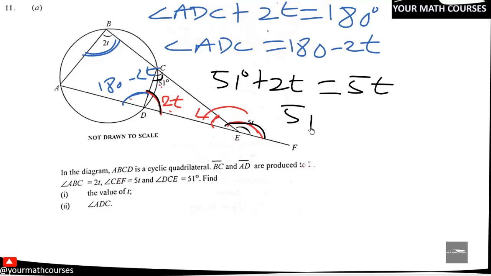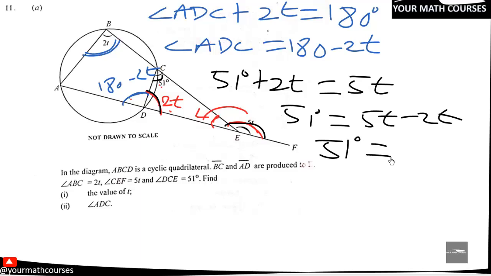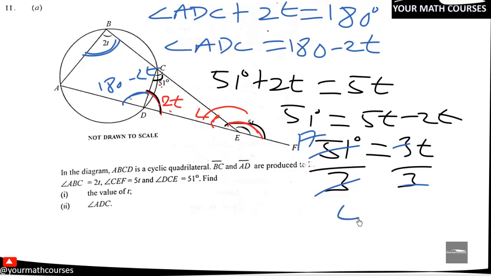So 51 degrees will be equal to 5T minus 2T, and we have 51 degrees is equal to 3T. Divide through by 3, we get T equal to 17. So the value of T is 17.